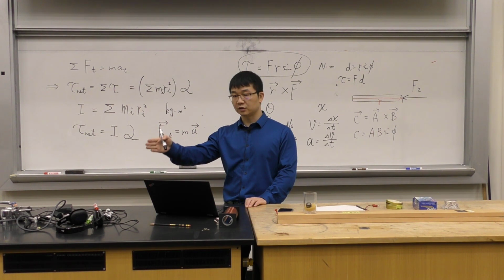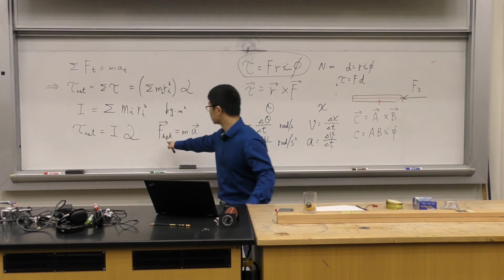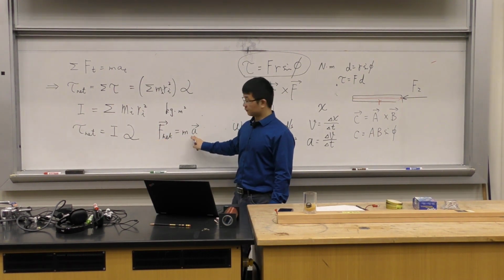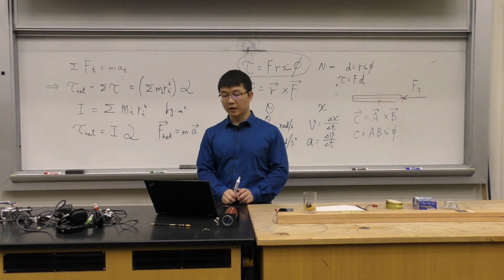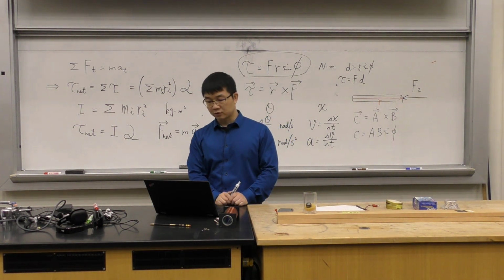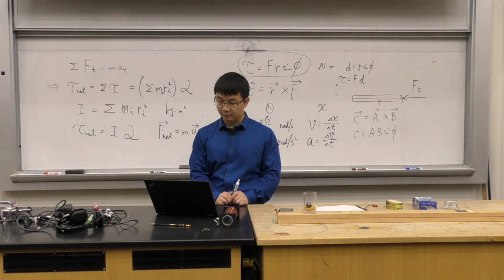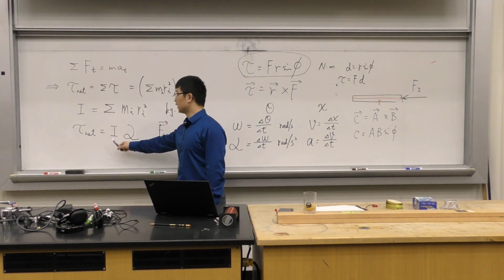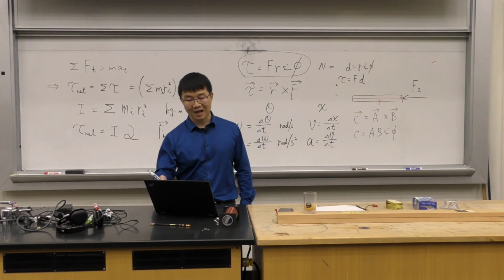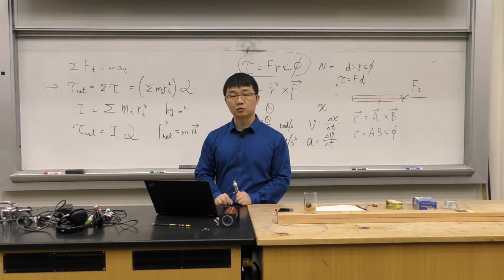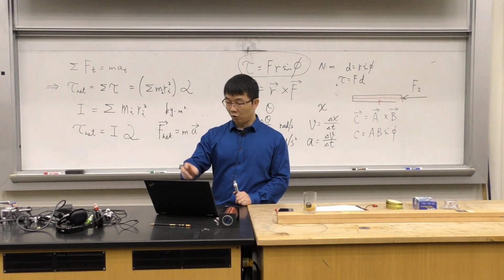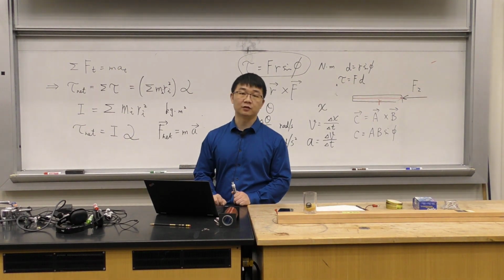Force is the cause of linear motion. Force is the cause for linear acceleration. So torque is the cause of rotation. Torque is the cause of angular acceleration. And this I we define is equivalent to the mass in linear motion. So use this table, use the connections between these variables to help you understand all these new things we define on the right.